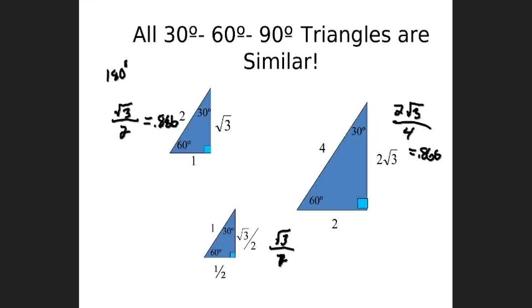And I can tell you right off the bat, the square root of 3 divided by 2, the whole thing divided by 1, is going to be equal to 0.866.